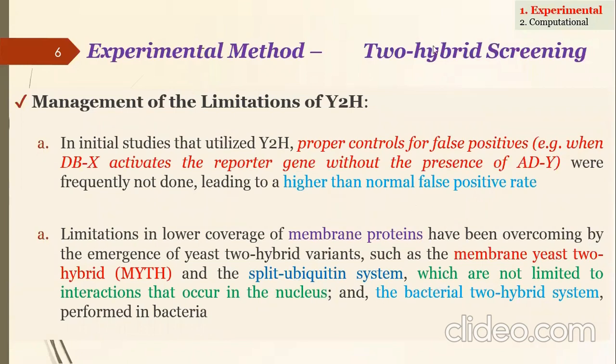In yeast two hybrid, the interaction occurs in the nucleus because it interacts with the DNA, but in the split ubiquitin system, it does not occur in the nucleus. And now there is a bacterial two hybrid system as well, instead of the yeast two hybrid system. Am I clear?